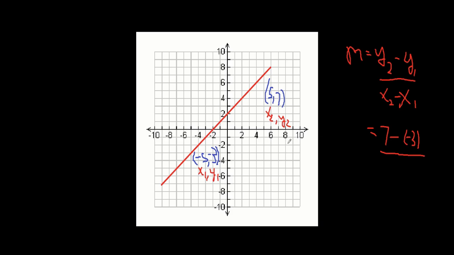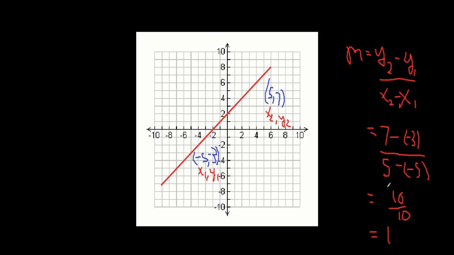And we have x2, which is 5, and we're subtracting x1, which is negative 5. So that gives us 10 divided by 10, since 7 minus negative 3 is 10, and 5 minus negative 5 is 10, and our slope is going to be 1.